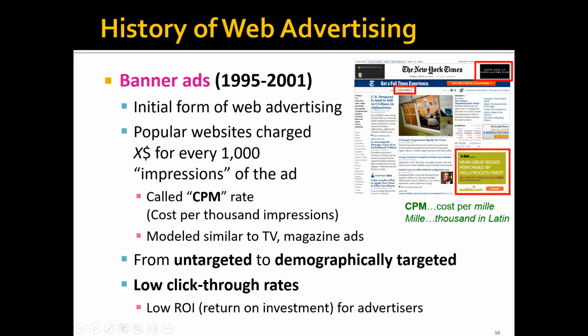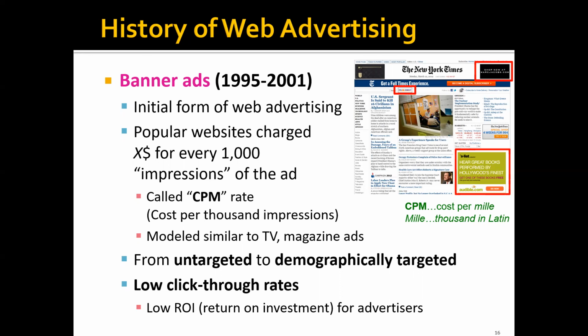Here, click-through rate means the probability that users will click on an ad if it's shown. A low click-through rate usually means very low return on investment for the advertisers. So in this case, advertisers might not be happy about it, right?